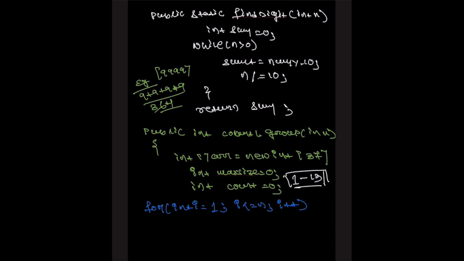Then we calculate the sum of the digits. We take one more variable, int sumOfDigit equal to, we call the method findDigit and pass the value i.